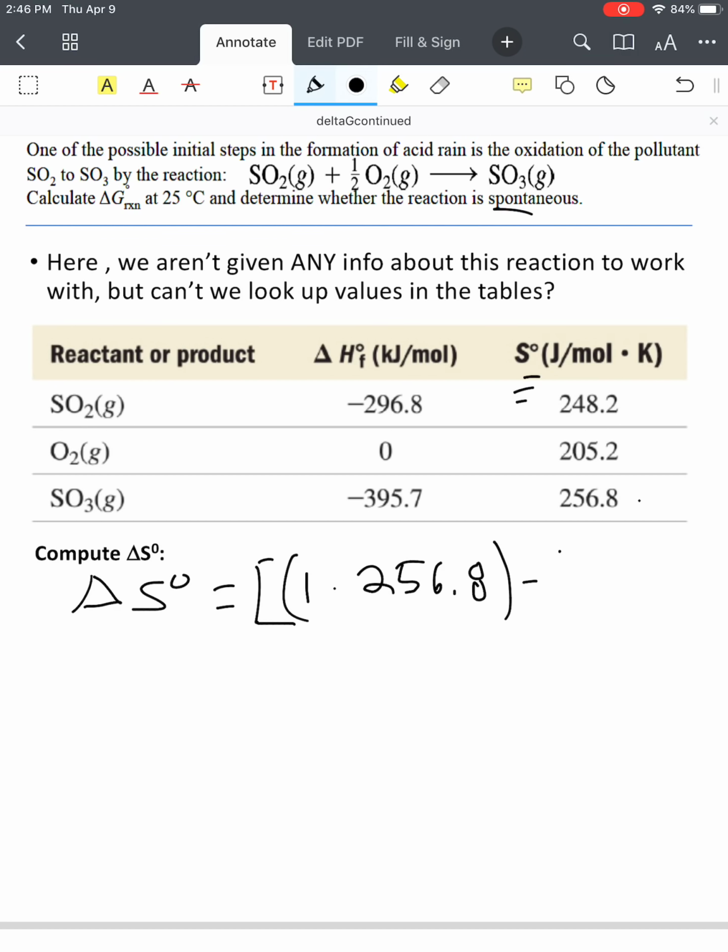That's our products. I've got to subtract a term from my reactants. Now I am going to run out of space, unfortunately. I may need to come down to the next line. Didn't think ahead. Let me see if I can write a little bit smaller.